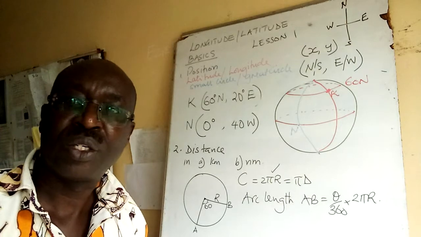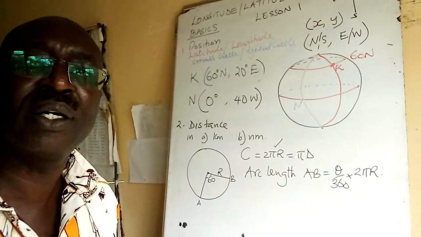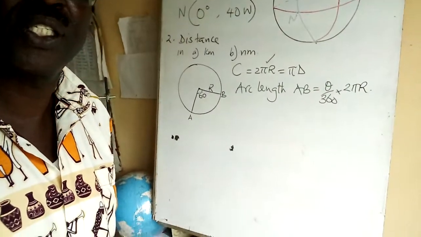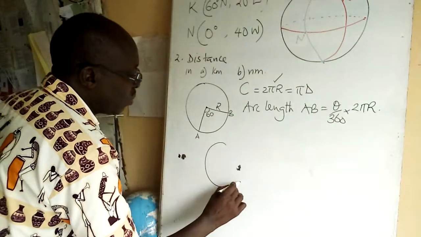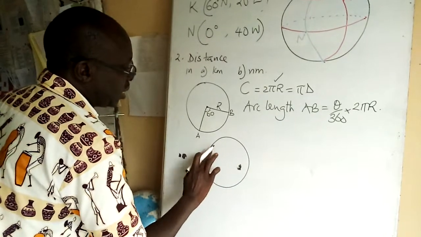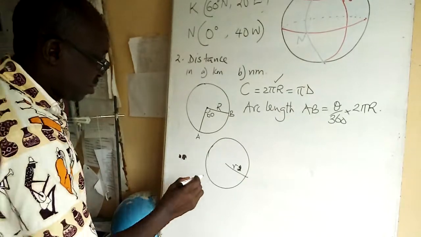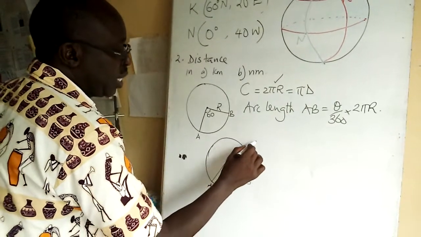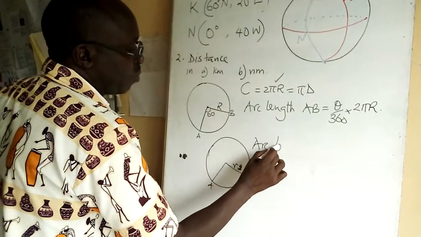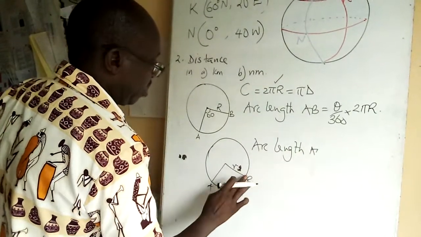Okay? So can we shift our camera down? We continue a bit down. Yeah. Now, suppose I have another circle. Its radius is small r. Then I have A, B. Then arc length AB, maybe PQ.